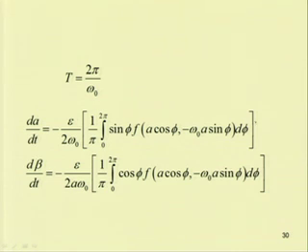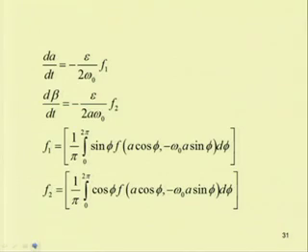So, dA by dt will be equal to minus epsilon by 2 omega 0 into 1 by pi, integration 0 to 2 pi sin phi f(a cos phi - omega 0 a sin phi) d phi. Similarly, d beta by dt will be equal to minus epsilon by 2 a omega 0 into 1 by pi integration 0 to 2 pi cos phi f(a cos phi - omega 0 a sin phi) d phi.